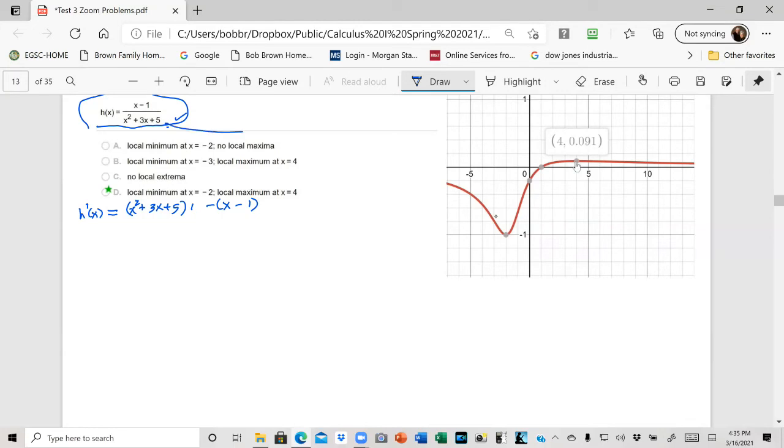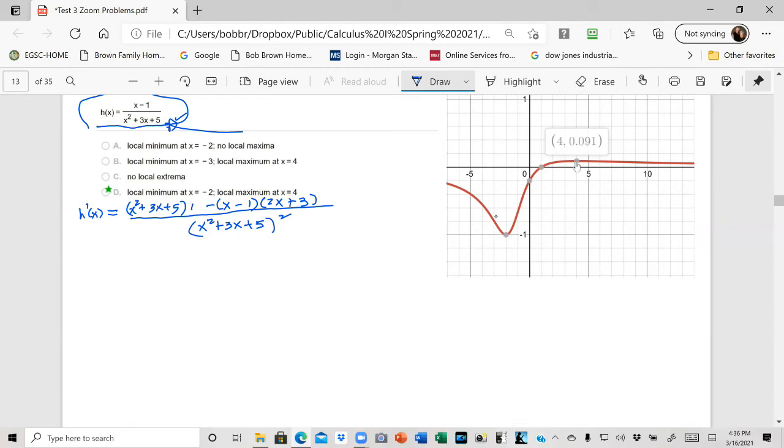Now we're going to take the derivative of the bottom, which is 2x plus 3. And it's going to be divided by the denominator squared, which is x squared plus 3x plus 5, squared.